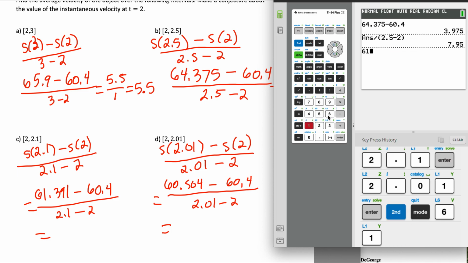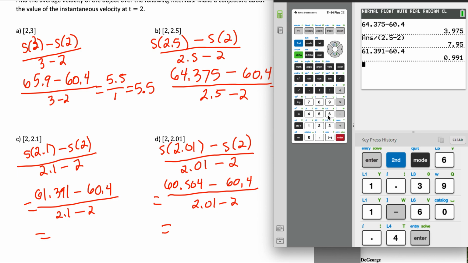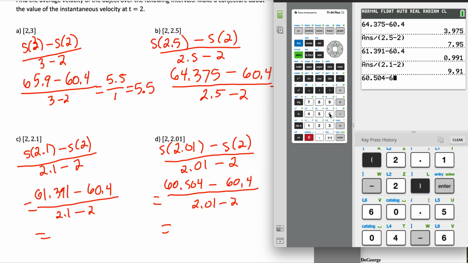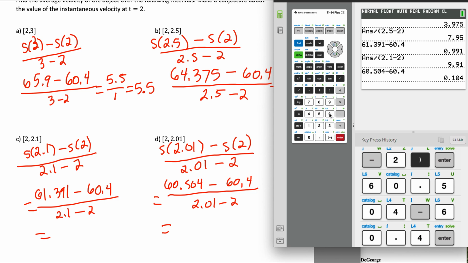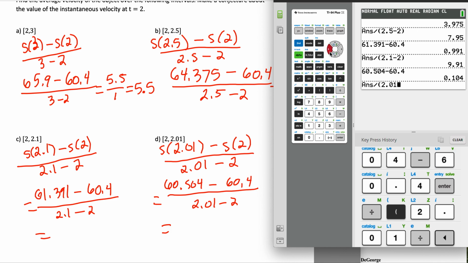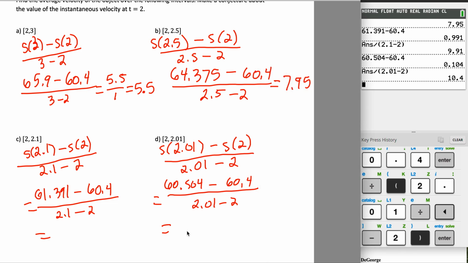So 61.391 minus 60.4 divided by, parentheses, 2.1 minus 2, close parentheses, gives me 9.91. Do the other one. 60.504 minus 60.4 divided by, parentheses, 2.01 minus 2, 10.4.